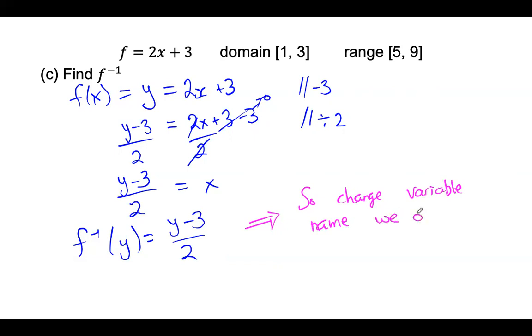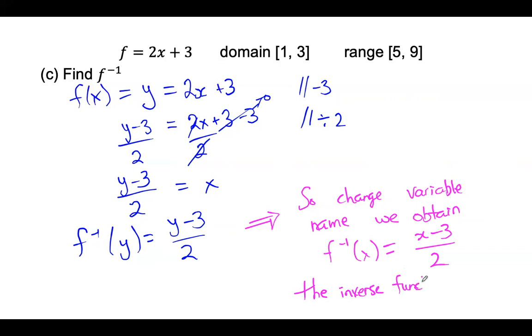So we obtain the inverse, x minus 3 divided by 2. And this is the inverse function, of course. So again, what we did is basically we isolated for x here. And we solved.